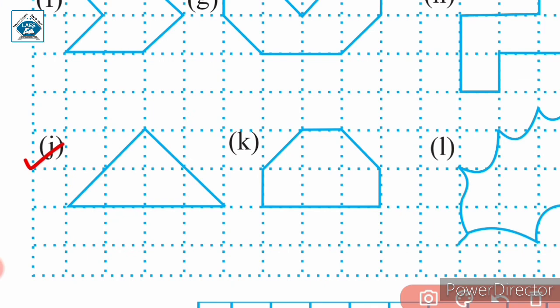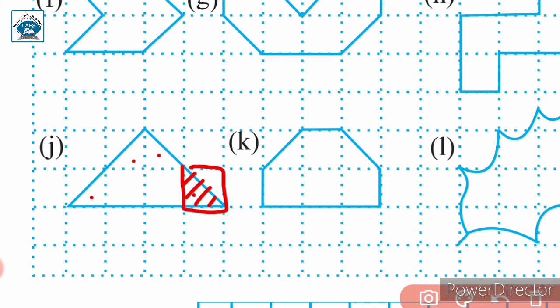Here we have a triangle and we can see यहाँ पर दोनों हैं, completely filled squares भी हैं और half filled squares भी हैं. So here completely, that is fully occupied squares is 1, 2. Next, half squares is equal to 1, 2, 3, 4. यहाँ पर ये full square में से सिर्फ half part ही occupied है.